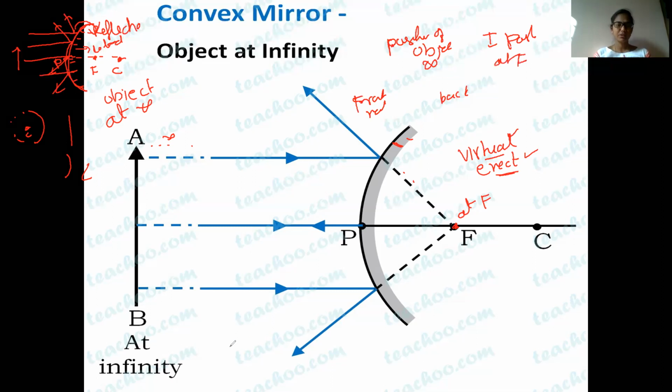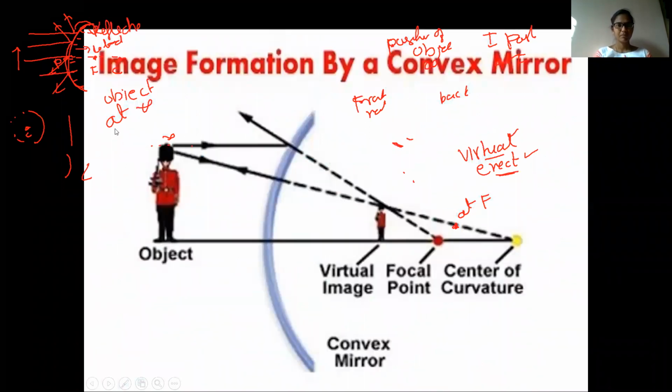And the next condition. Yeah, this is the next condition.